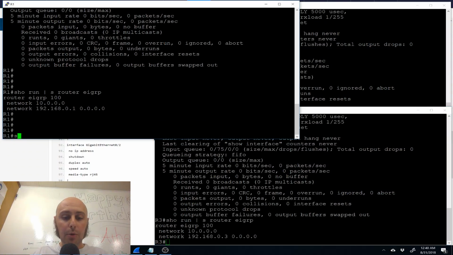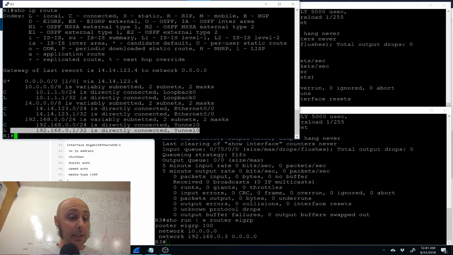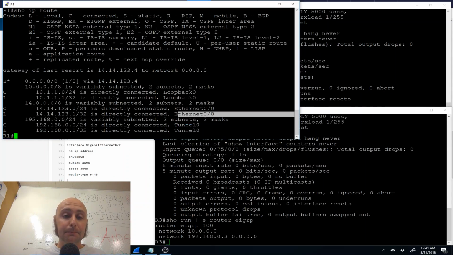So if I come over to router 1 and do show IP route, I don't see any EIGRP learned routes, right? Because my tunnel interface is directly connected, so I'm not installing it in my routing table because a connected route has a better administrative distance than what EIGRP offers.